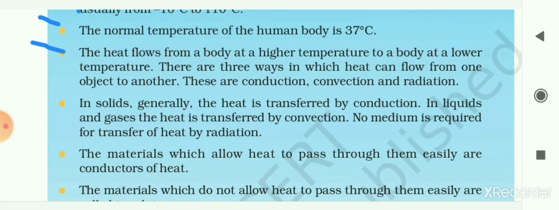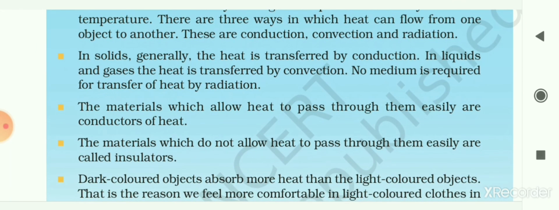In solids, generally the heat is transferred by the conduction process. In liquids and gases, the heat is transferred by convection, and no medium is required for the transfer of heat by radiation. So if no medium is present, heat can still be transferred by the process of radiation.